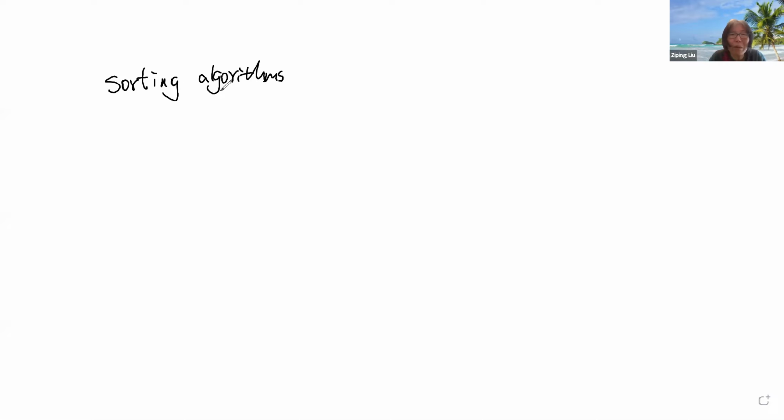But anyway, today we are going to start with discussing sorting algorithms. Our discussion here is array based, but of course it will be very easy to switch to ArrayList in Java.